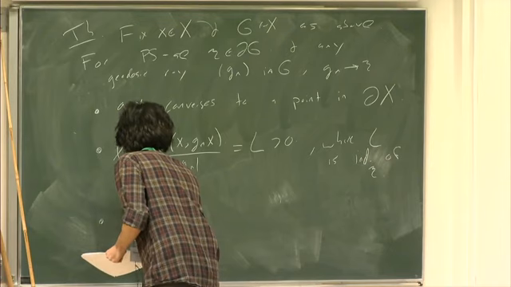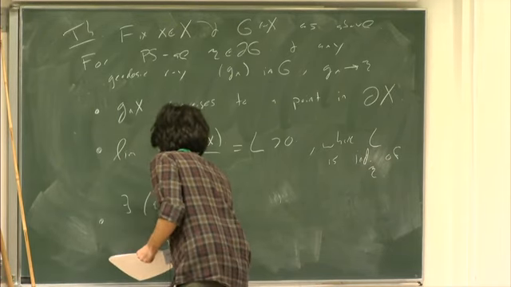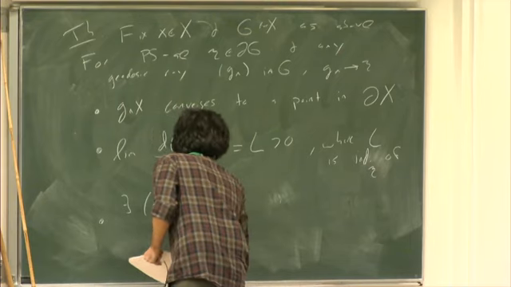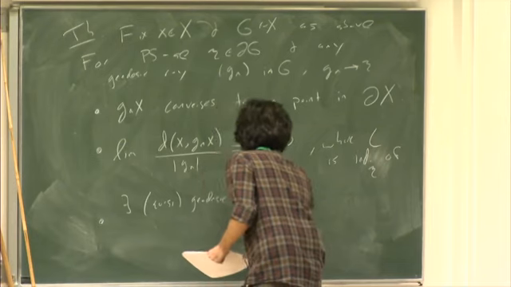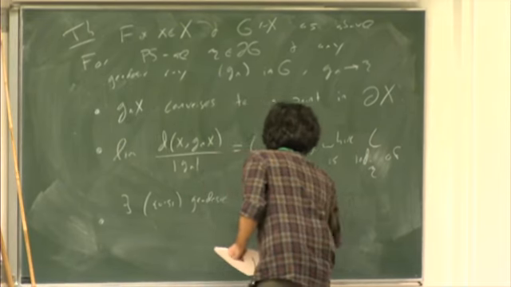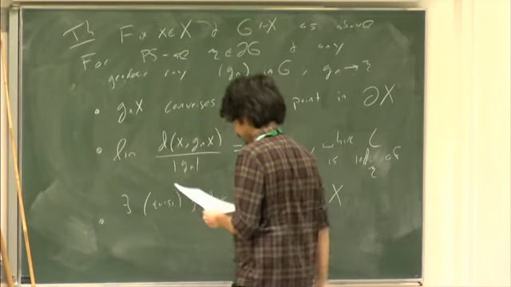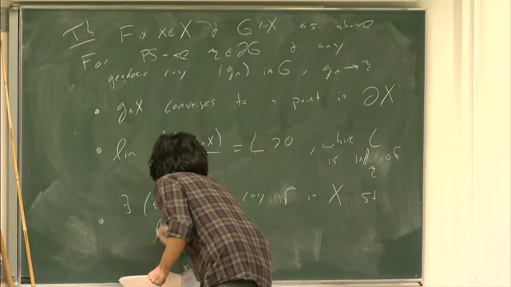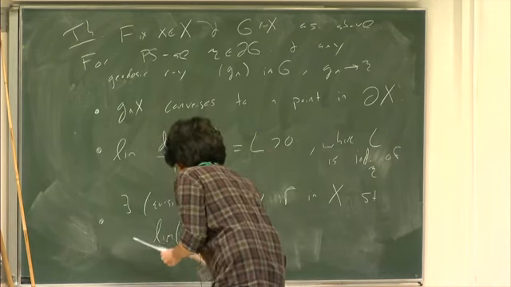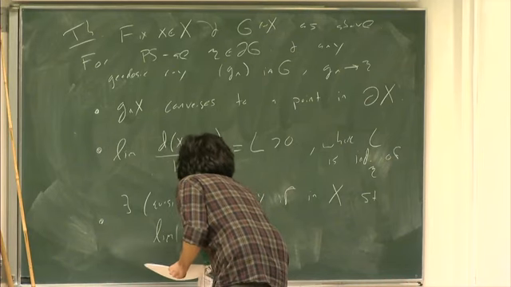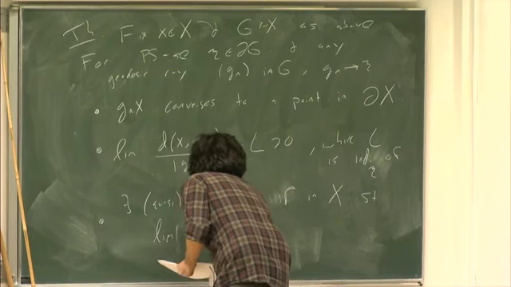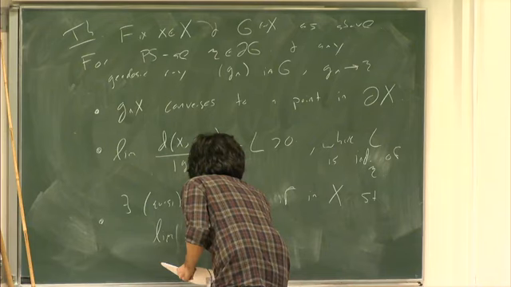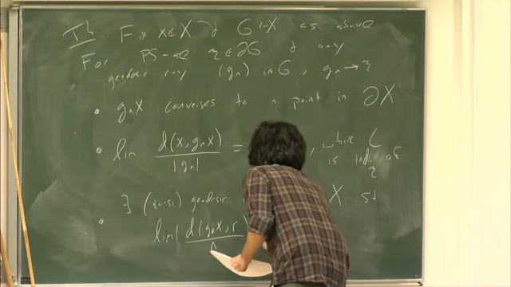So there exists a quasi-geodesic ray R in X, such that the limit of the distance between GnX and the ray, divided by n, goes to 0.